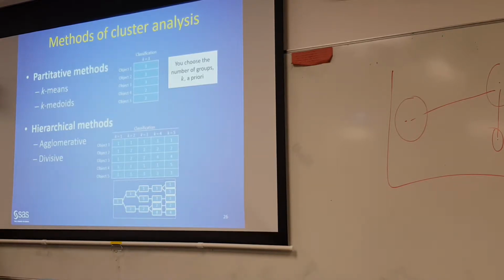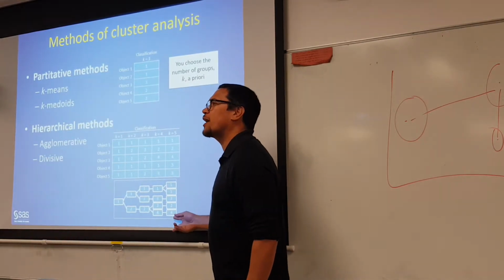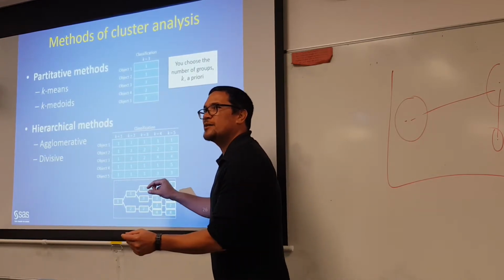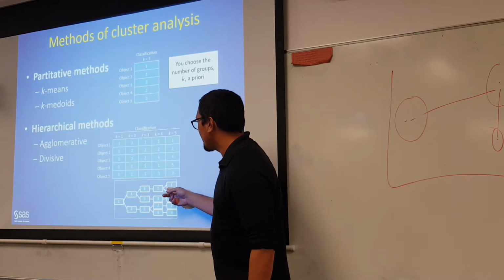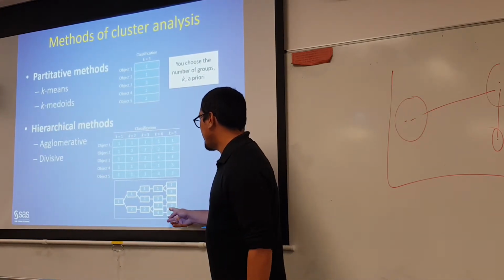Whereas with a hierarchical method, you go one direction or the other. Typically, with an agglomerative method, you're considering all of your data points as being different, and then you start grouping the ones that are close to each other. So say, hey, look, 1 and 5 are close together. I'm going to call that a cluster. 3 is not really close to anything.